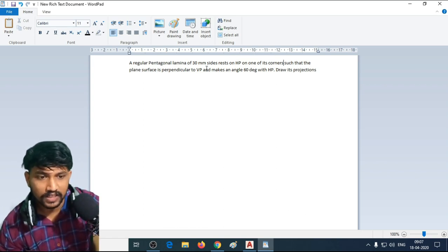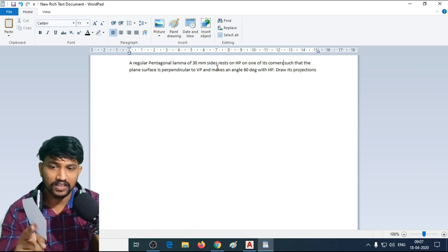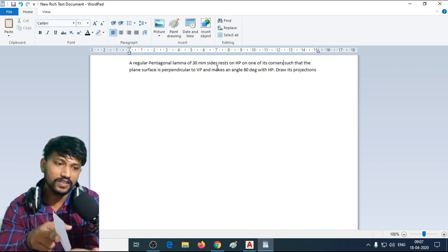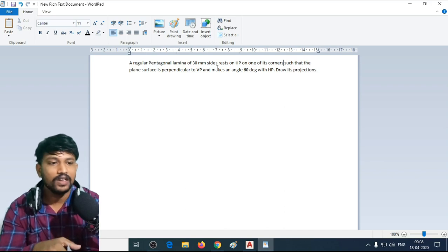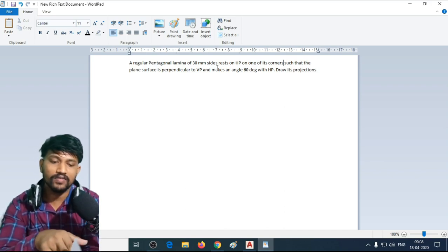So one of its corners has to be on the horizontal plane, and the plane surface has to be perpendicular to the vertical plane.